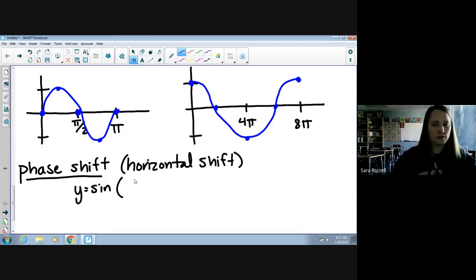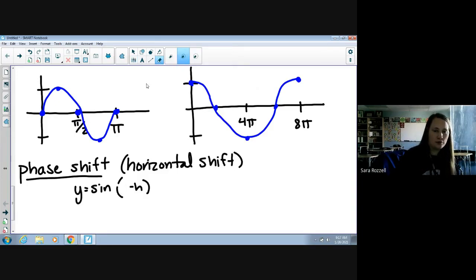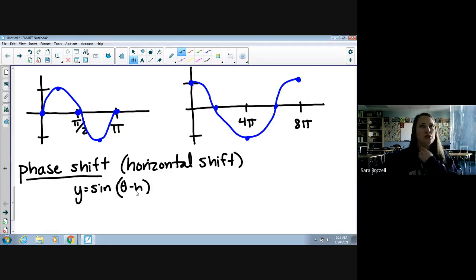What variable do I use, H? So if you have a number that's added or subtracted with your x or theta, whichever variable we're using, doesn't matter. Let's all be consistent, use theta the whole time. So this is our horizontal shift. Remember, a plus sign means you're going to the left, a minus sign to the right. So the same thing that we've always done if it's in parentheses. Plus is to the left, a minus is to the right.